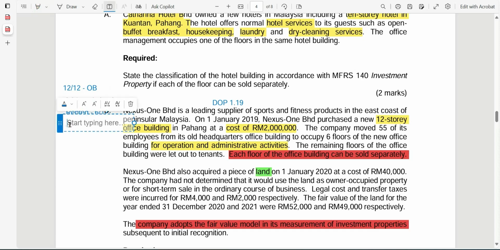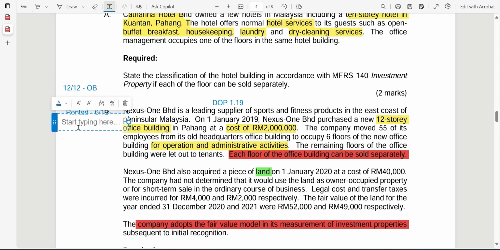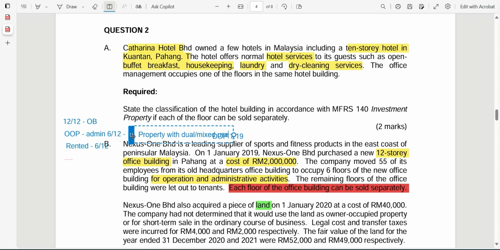So therefore you check first what was the property with mixed use. Property with mixed use here is actually the owner occupied property and rented property. So that is considered as property with dual or mixed use. And the next one is that each floor of the building can be sold separately.